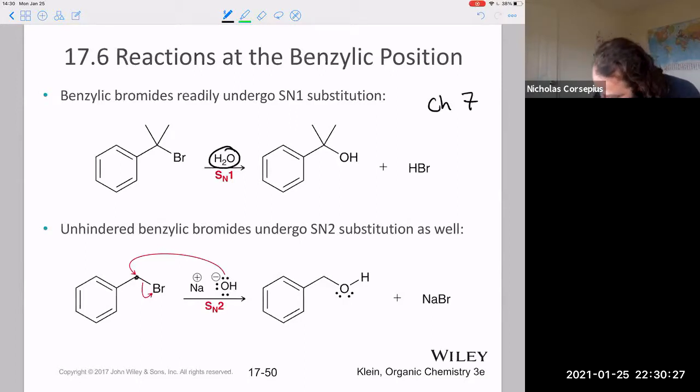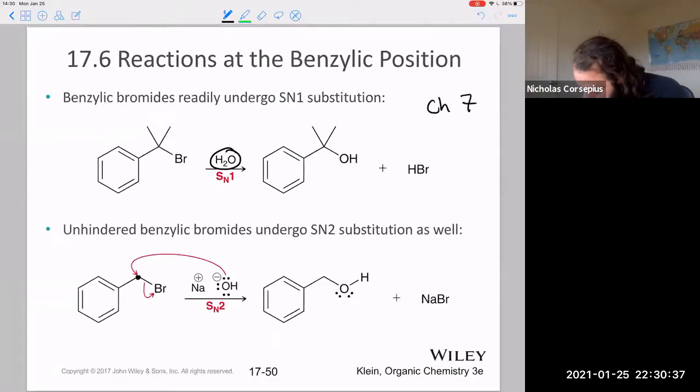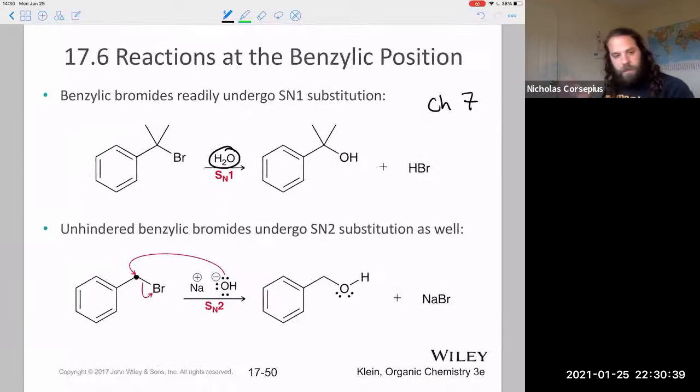If you have a primary, it will undergo SN2 type reactions in the presence of a good nucleophile like hydroxide. And so there's really no special thing that the ring is doing for you other than it's kind of just behaving like a normal primary alkyl halide or a tertiary alkyl halide.